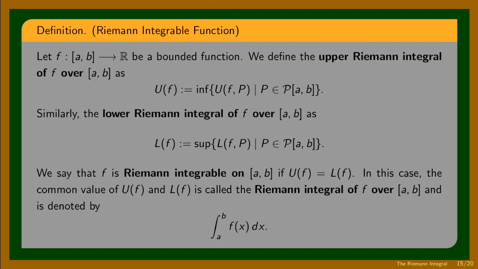Kasi nga, ang nangyayari kapag nagdadagdag ng points in the partition, yung upper sums mo lumiliit na lumiliit, but hindi naman siya masyadong liliit kasi the infimum is guaranteed to exist by the completeness axiom. So yung infimum na yun is what we call the upper integral or the upper Riemann integral.